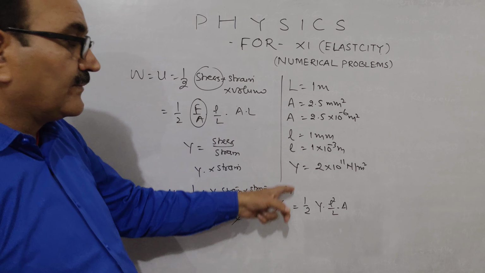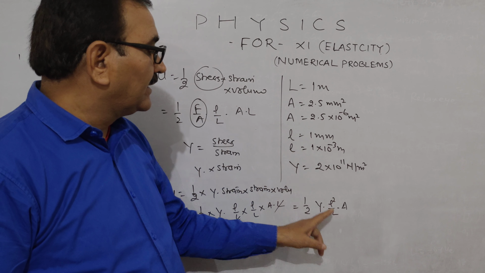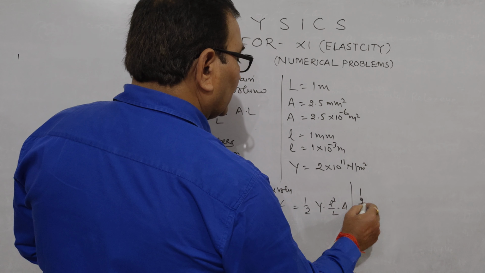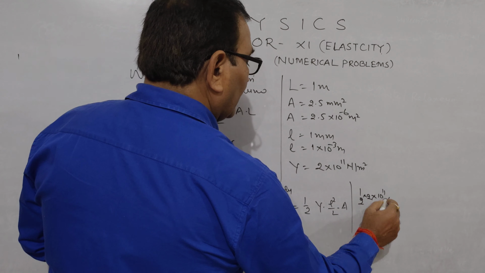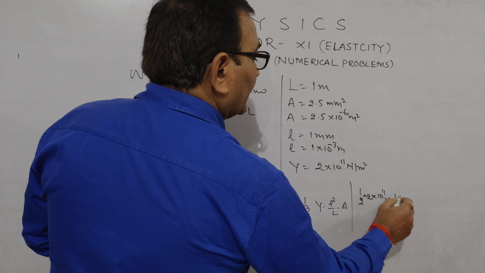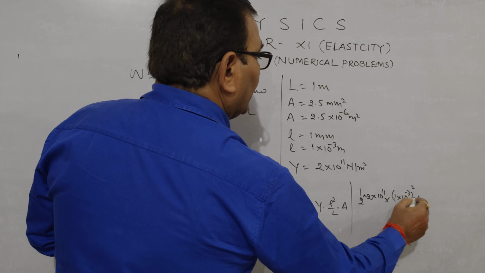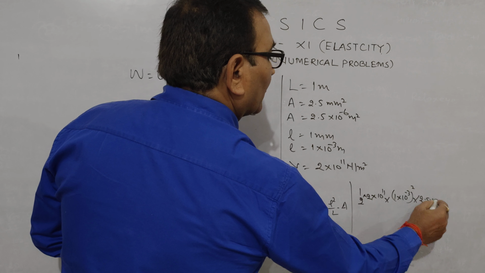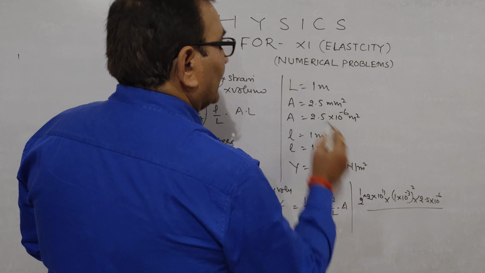And now see the data. Y required, that is given. Small l, that is given. Area of cross-section, that is given. And length is given. So only you have to put in the values: 1 upon 2 Y, that is 2 into 10 to the power 11, and small l, that is 1 into 10 to the power minus 3, whole square, into A, that is 2.5 into 10 to the power minus 6, upon L, that is 1.